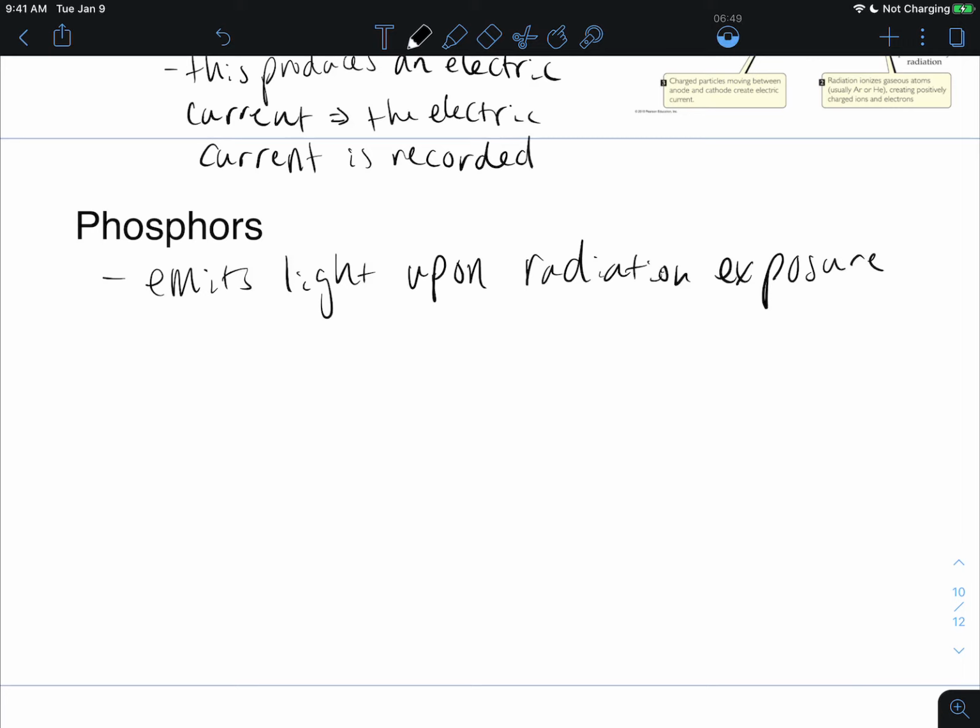So basically it excites the phosphor. That phosphor then, as it relaxes back down, is going to emit light. Okay, so the phosphor itself is going to emit light. The instrument that uses the phosphor is going to measure the amount of light to determine the amount of radioactivity.